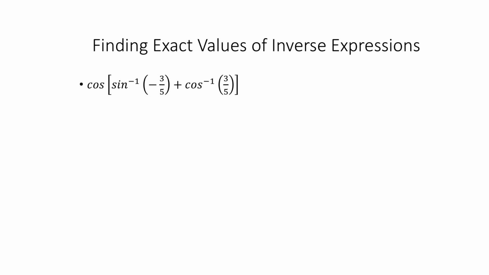All right, again, now we're going to use the cosine formula for the sum of two angles. So we'll think of these as two different angles, u and v. So drawing them out so we can kind of see them. Let's see, the sine is negative, and so that again puts it into the fourth quadrant.